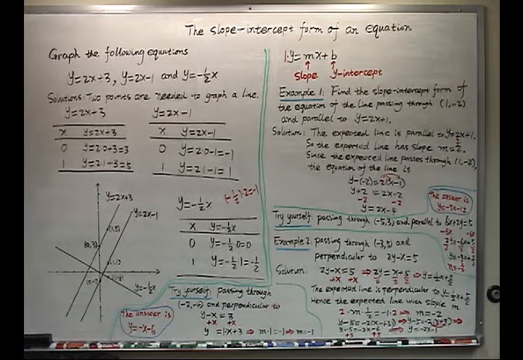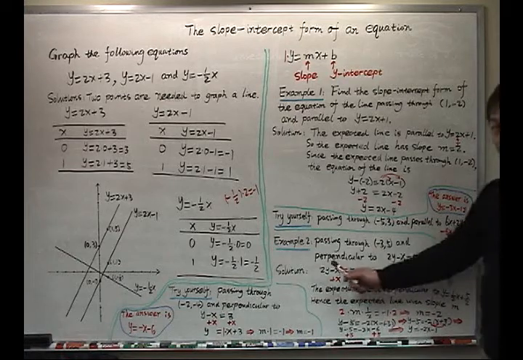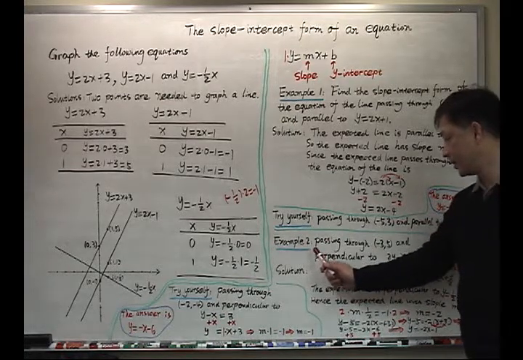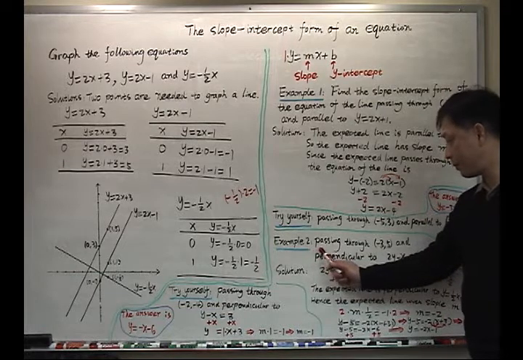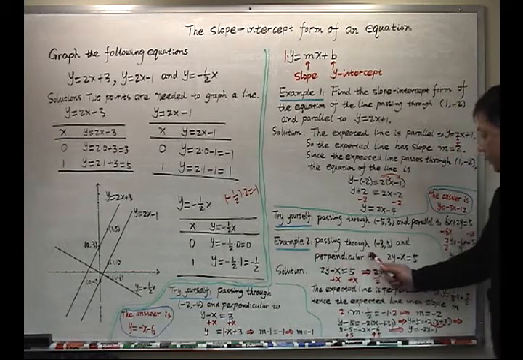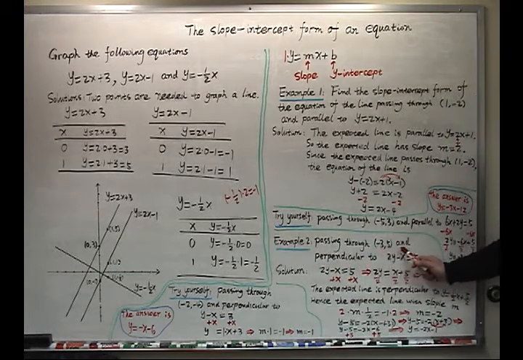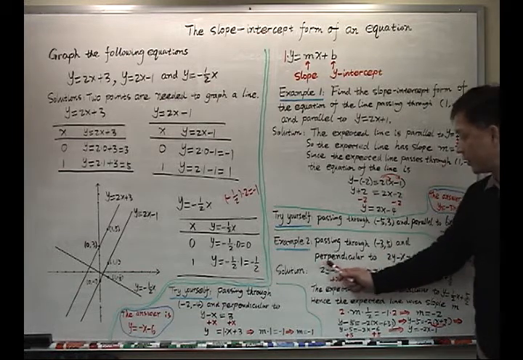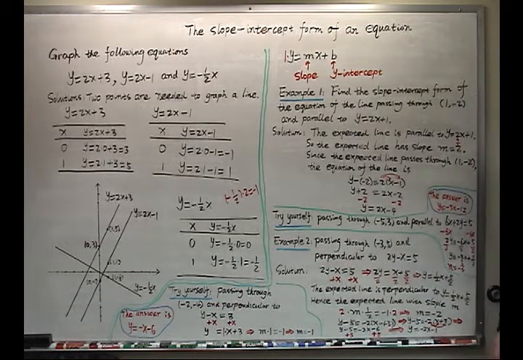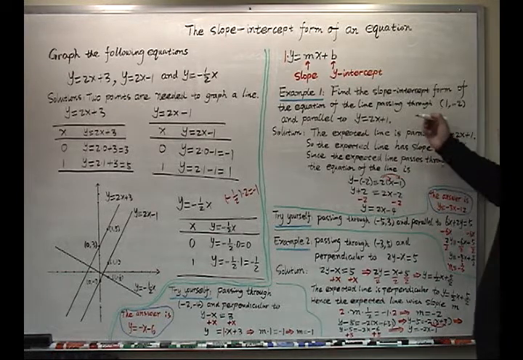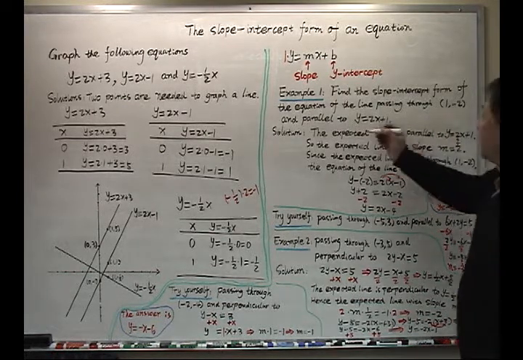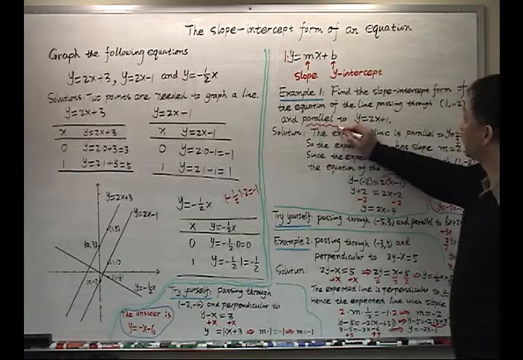Now let's do another one. Find a line that is passing through -3, 5 and perpendicular. Previously we had a parallel line to this line.